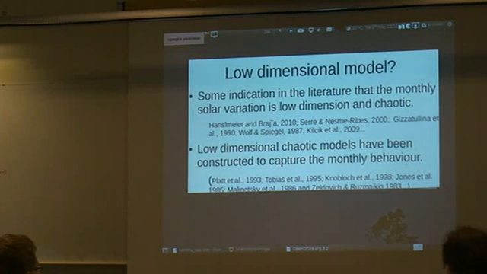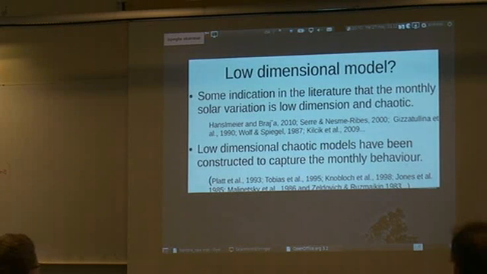There are a lot of people that have taken the solar cycle time series and said, we have estimated that the correlation dimension is 2.6. That is, of course, a dubious business to do with short and noisy data.